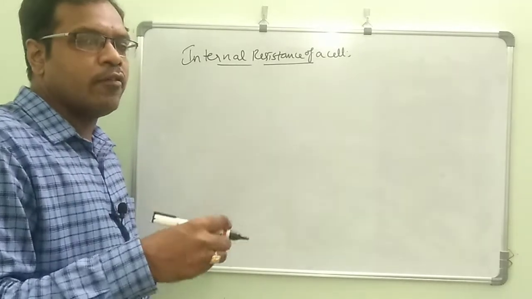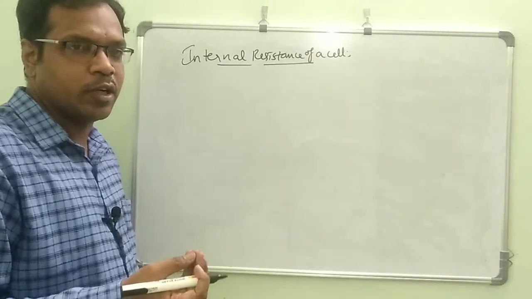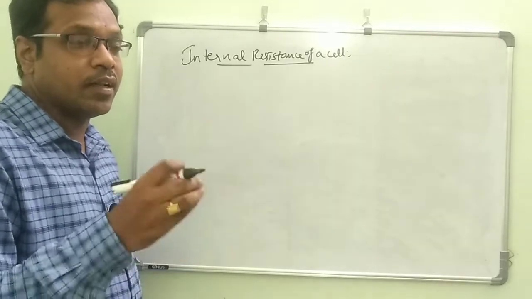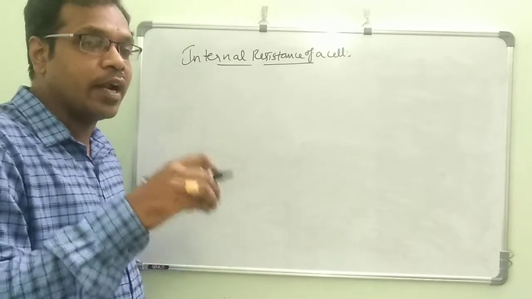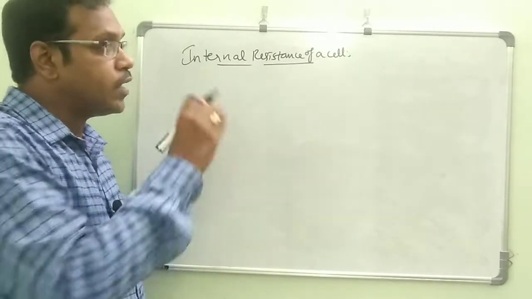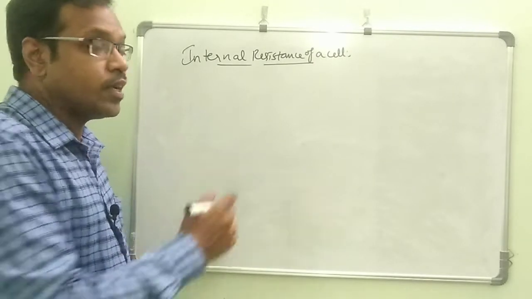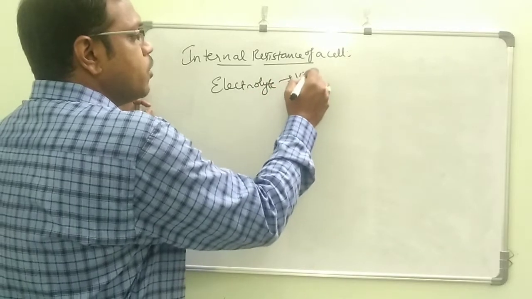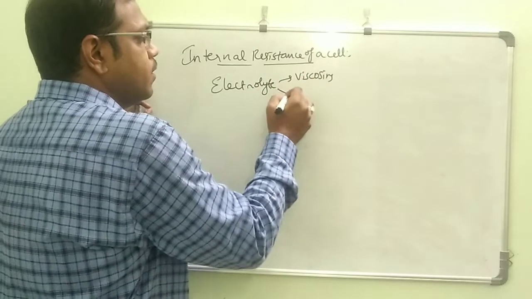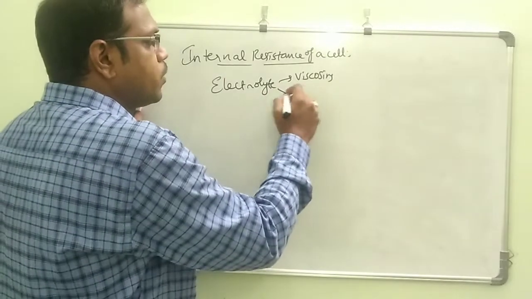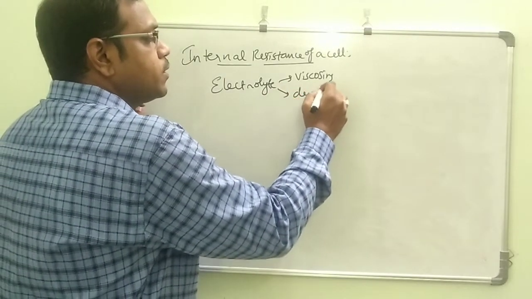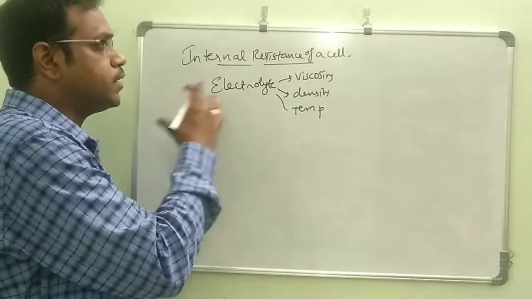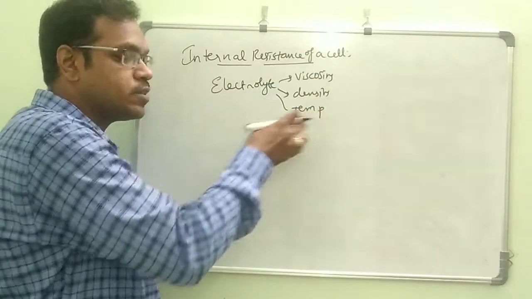In that electrolyte there is movement of positive ions and negative ions, and the restriction offered by the cell because of that chemical is called the internal resistance of a cell. It depends upon three factors: viscosity, which we'll study in fluid mechanics, electrolyte density, and temperature.